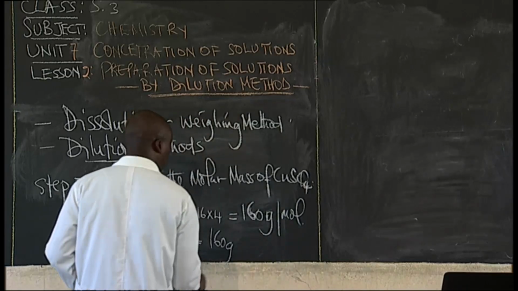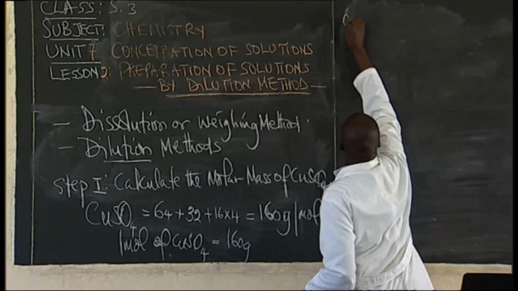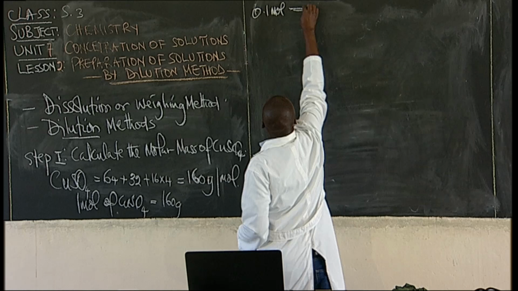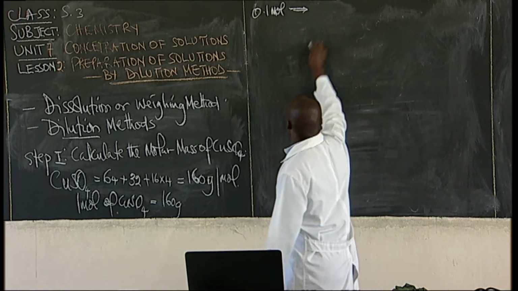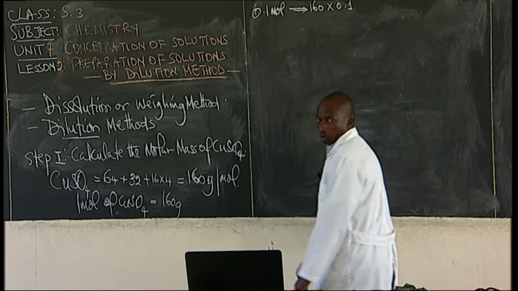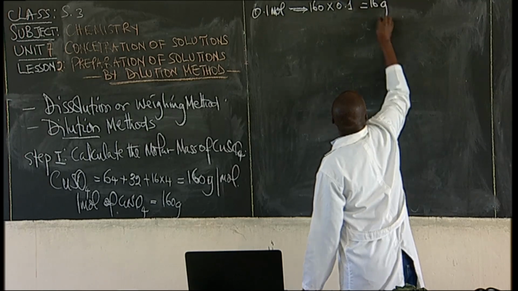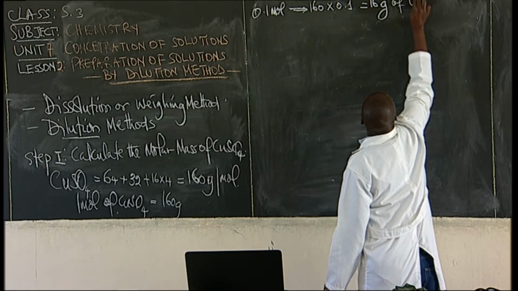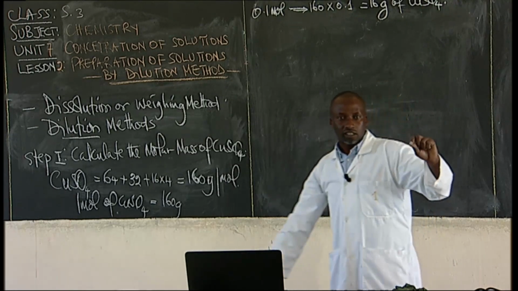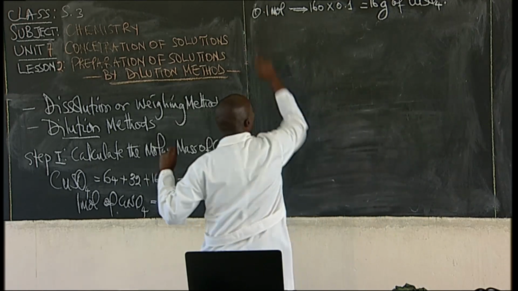So 0.1 mole is equivalent to 160 times 0.1 mole. And that means this will be equivalent to 16 grams of copper 2 sulfate. So this is the mass that is in 0.1 mole.